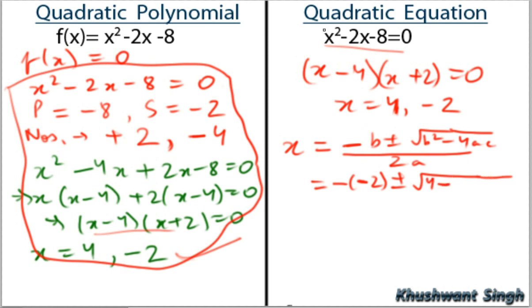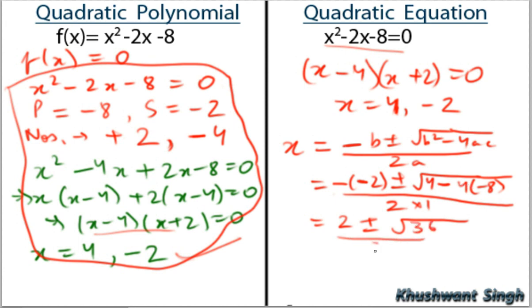So 4 into 1 into minus 8, which becomes 4 into minus 8, divided by 2a, that is 2 into 1. So minus into minus 2 is 2, plus minus root under 4 plus 32, that is 36. So root under 36 by 2.